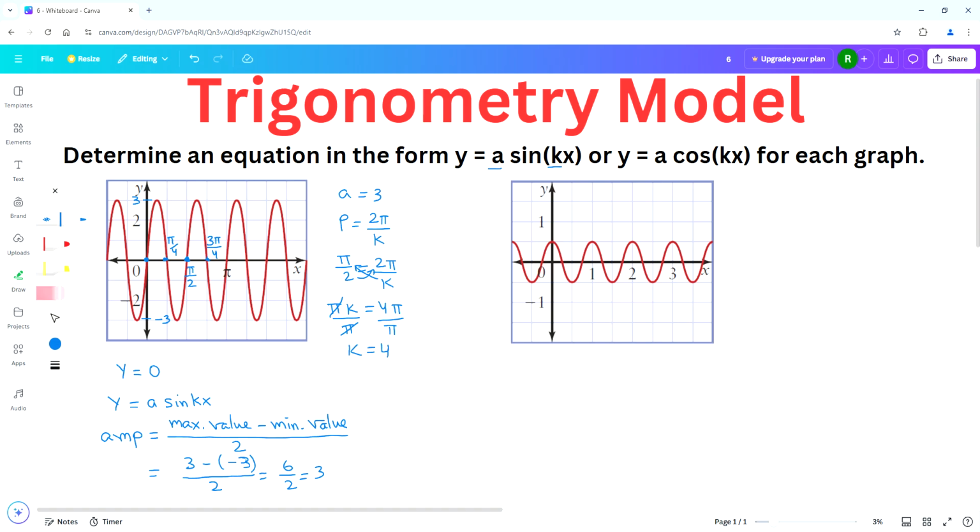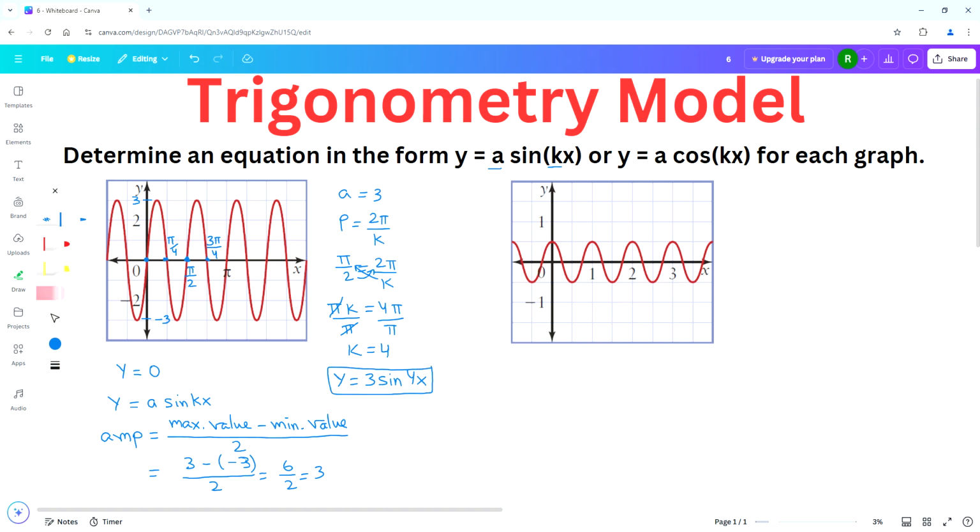I get k equals 4. Now we can write the equation for the first graph. This should be the final answer for the first graph.